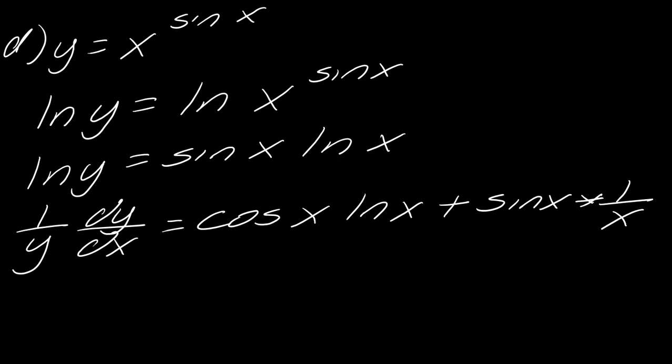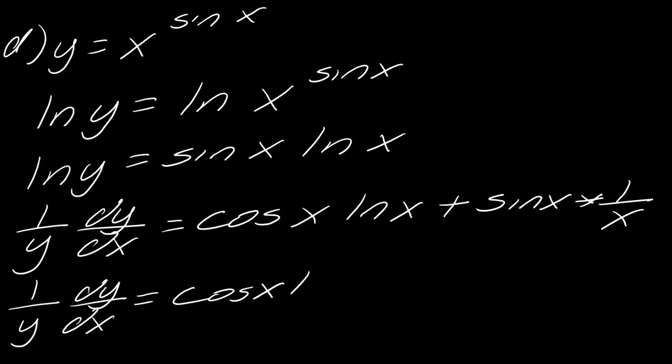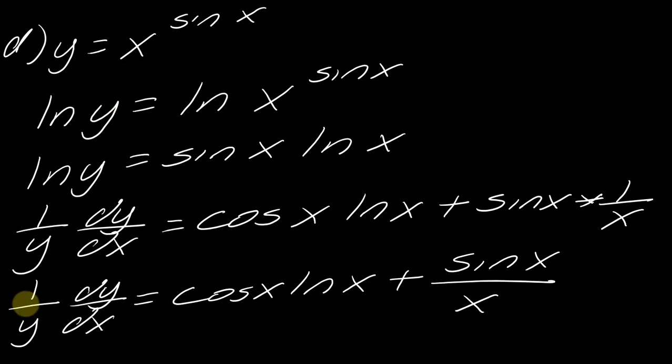Now, in this case, it would be easy enough to get the y by itself. So as I continue to solve this, I've got 1 over y dy dx equals cosine x times the natural log of x plus sine of x over x. And from here, I have to multiply by y to get dy dx by itself.